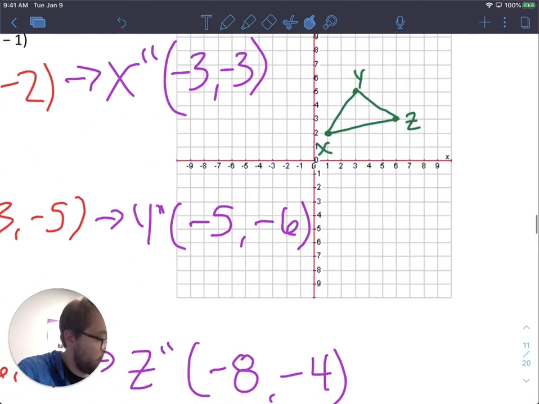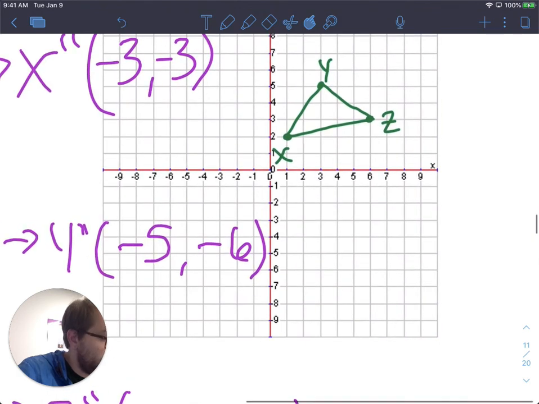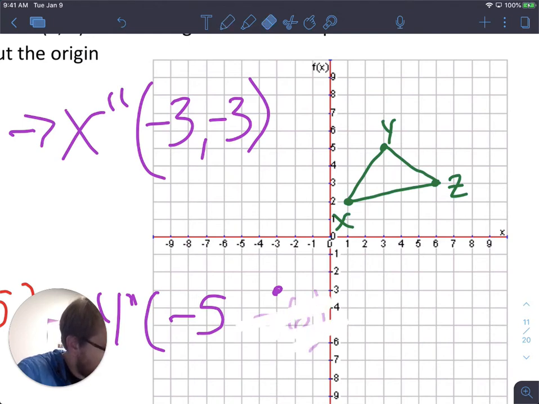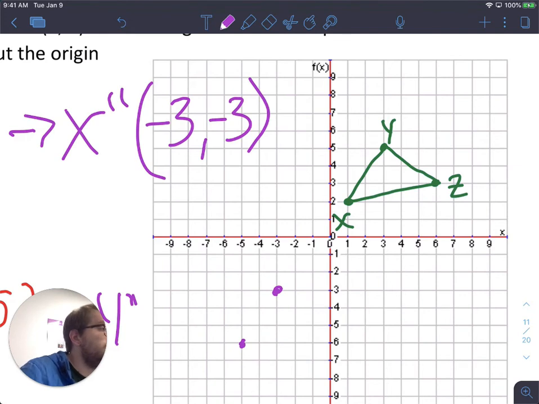So let's graph those and see what that looks like. So I've got -3, -3, and -5, -6. That's right there. And Z is at -8, -4.